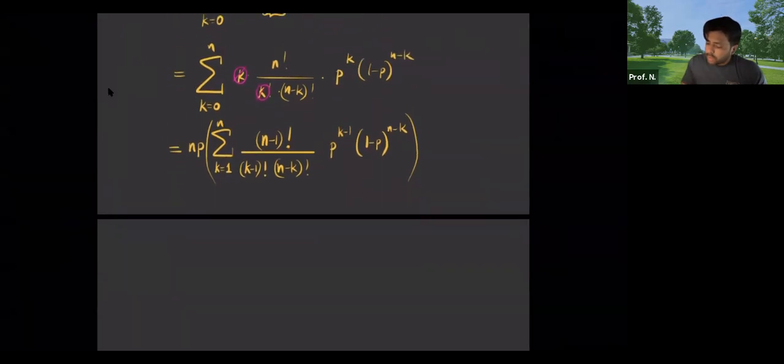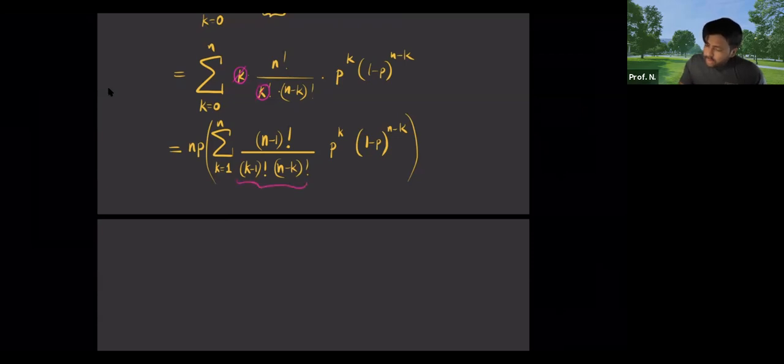Okay, so if this becomes a k minus 1, this here is a k minus 1. That would be okay. And then I'm left with k here and n minus k here. And so now, what is this going to be?